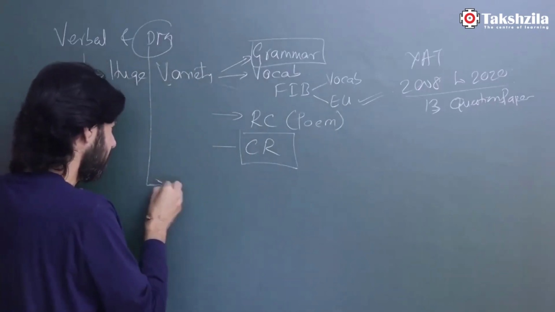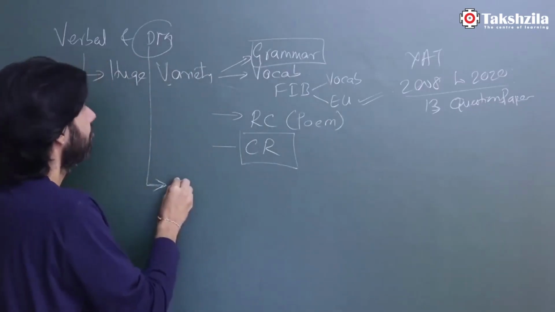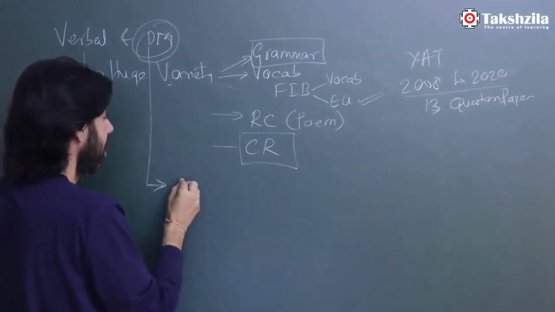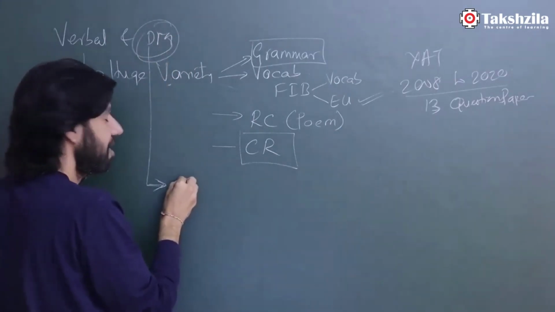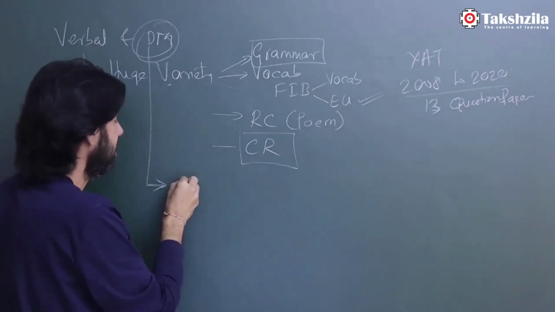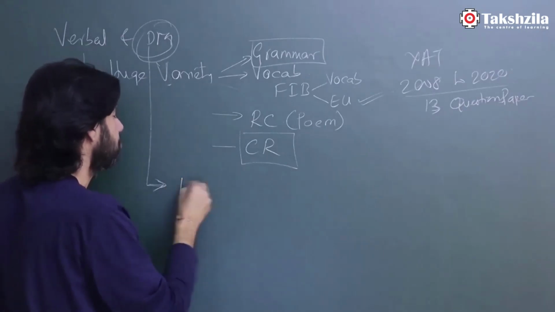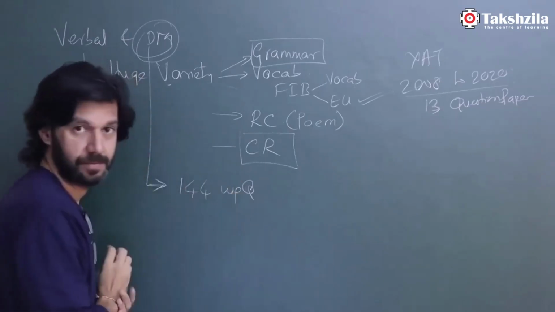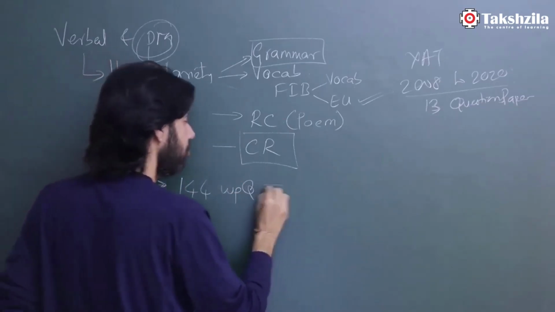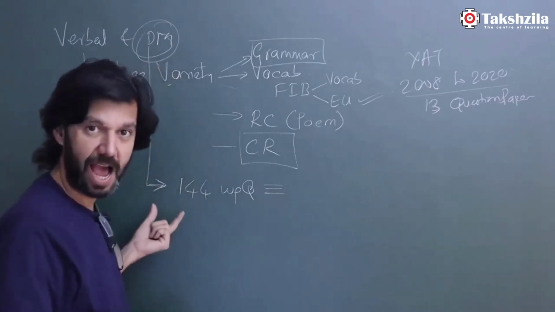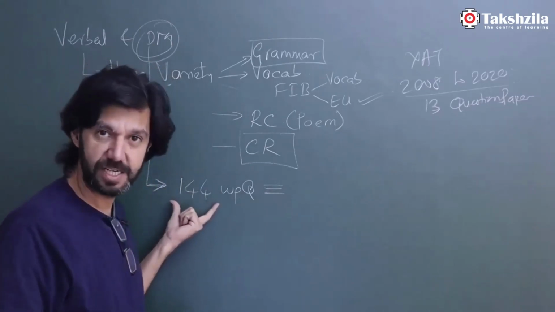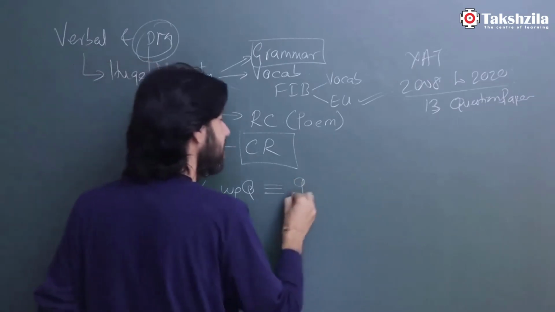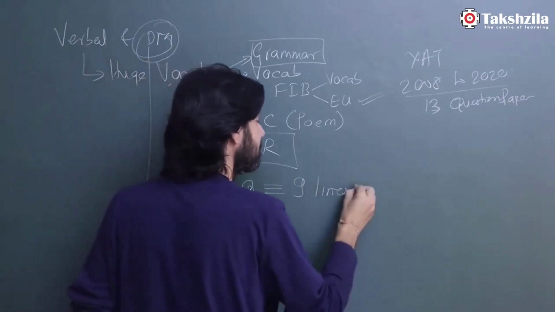More importantly, the big thing that stands out in decision making is that on an average, each question has 144 words. If I translate this into an average number of lines, at 16 words per line, that makes it 9 lines per question.